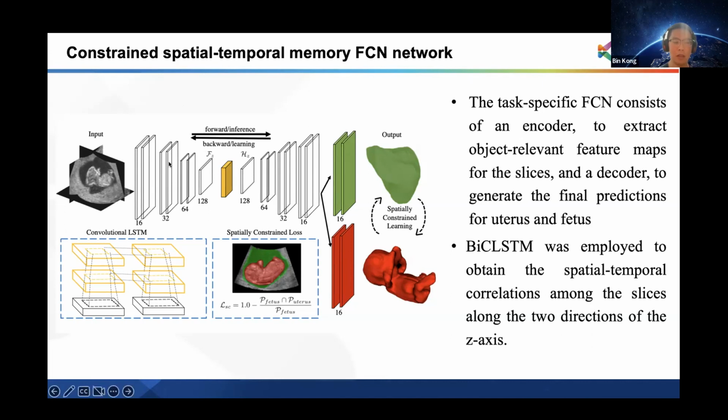After we use this kind of 2D neural network to extract the object-specific features from the image, we use bidirectional convolutional LSTM to consider the interdependencies between the different slices.